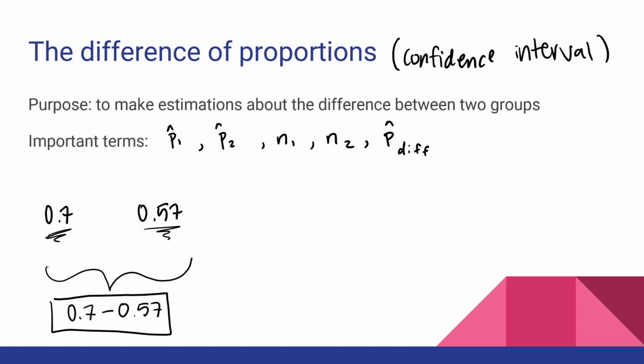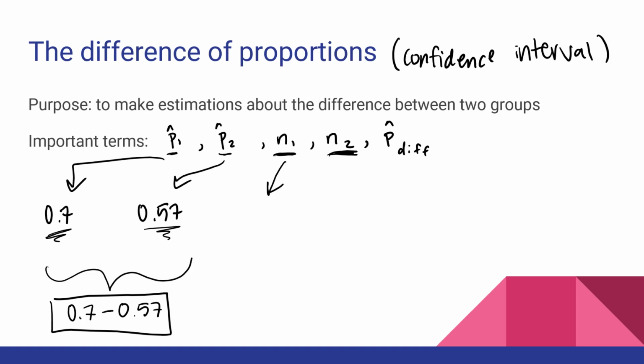So what are our important numbers? Before we only had a p-hat, an n, and then we just did all of our math based off of those. Now we have a p-hat 1, a p-hat 2, so these are our 0.7 and our 0.57. We have an n1 and an n2, so this is the sample size of our first sample, and this is the sample size of our second sample. So if we decided to put girls as our first sample, then our p-hat 1 would be 0.7.